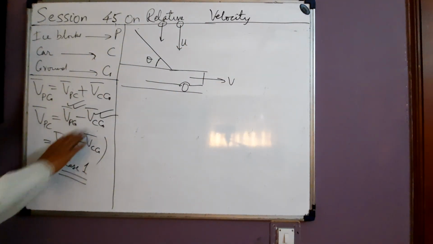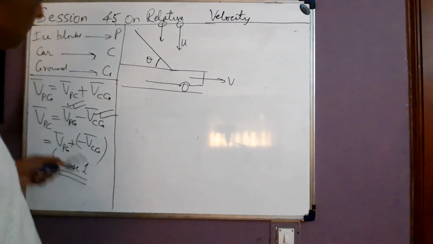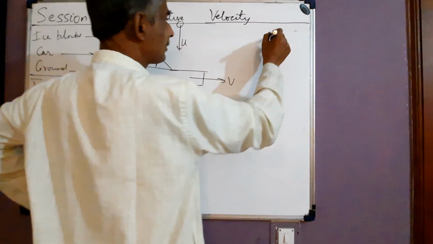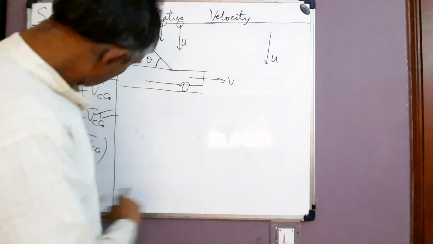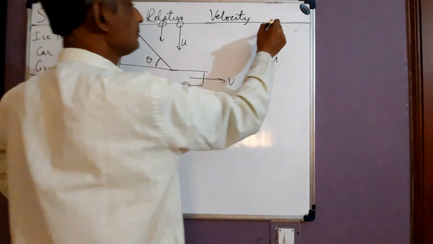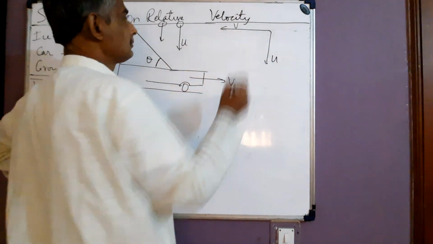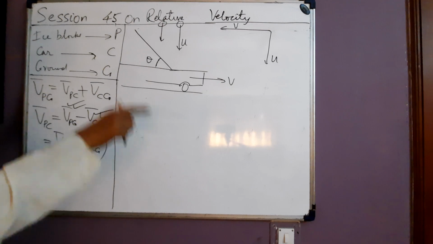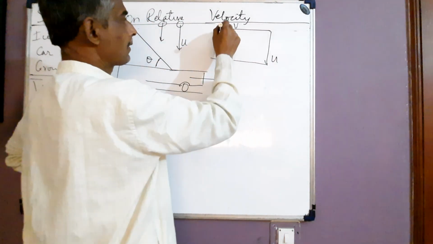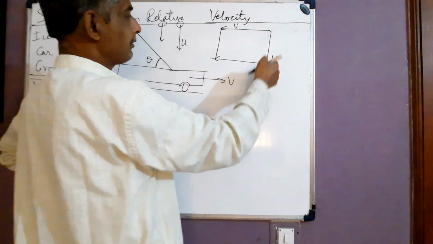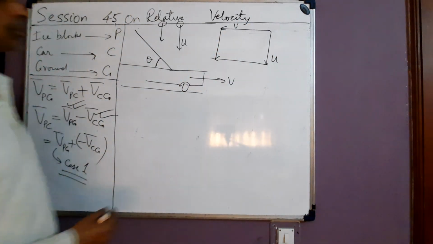VPG is nothing but u downward. This is u downward. And VCG is v rightward, minus VCG is v leftward. If we add these two quantities vectorially, we get the direction of VPC.